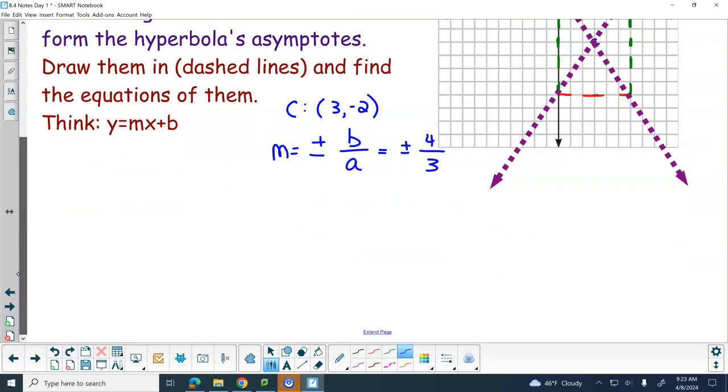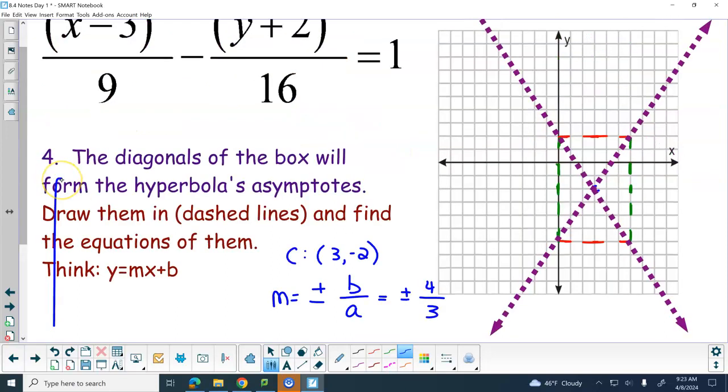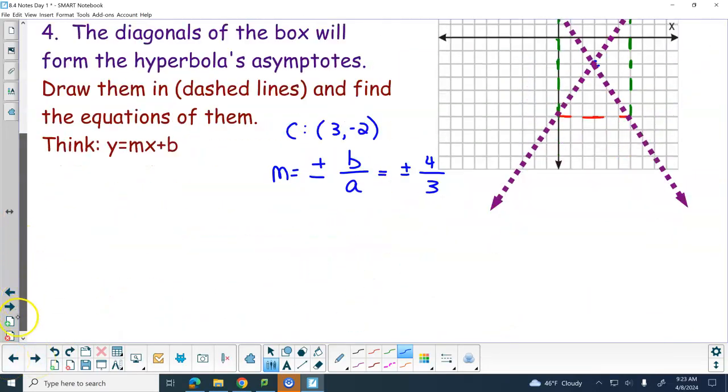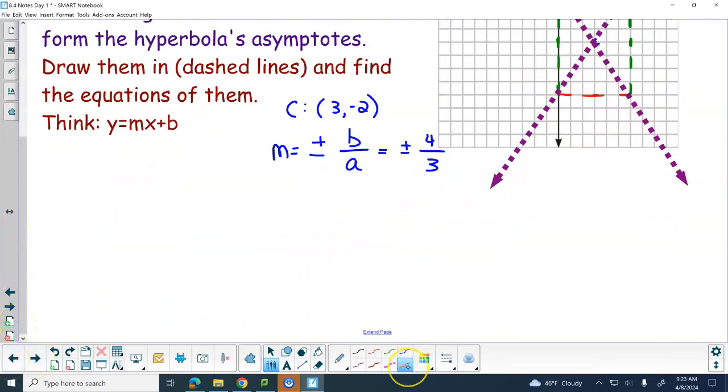We want them to both be in y equals mx plus b form. Always goes through the center. So the center has a y value of -2. One of them has a positive slope of 4/3.